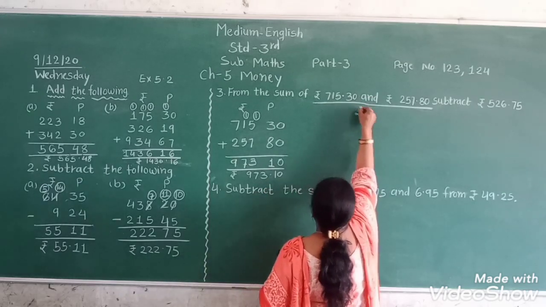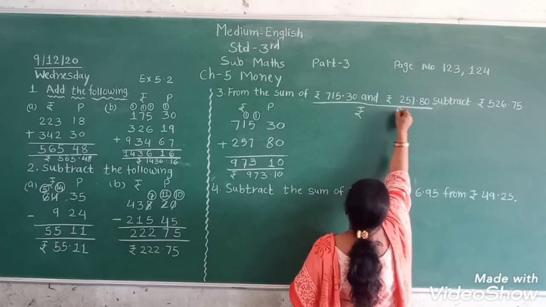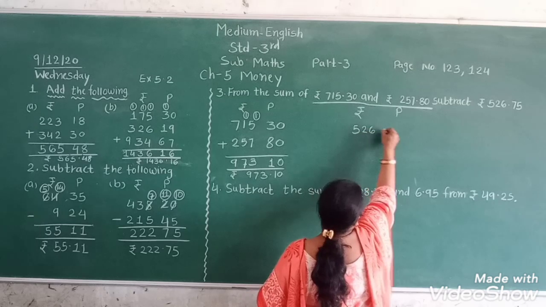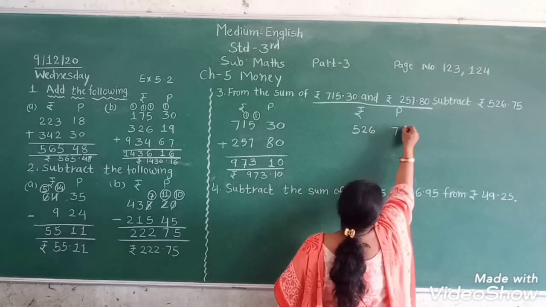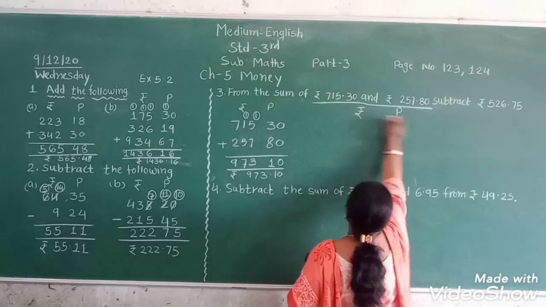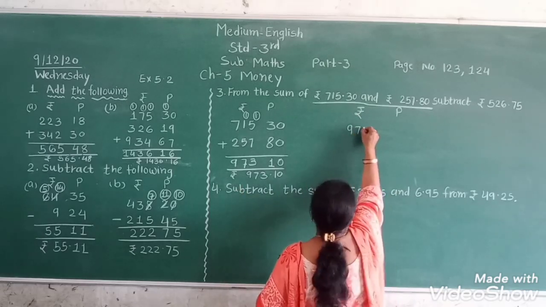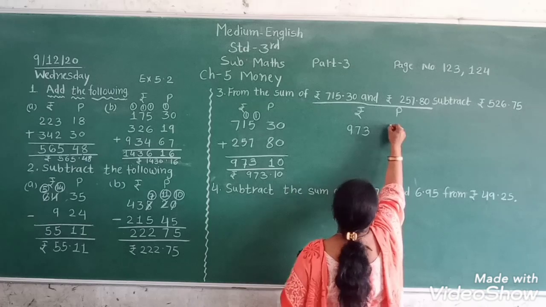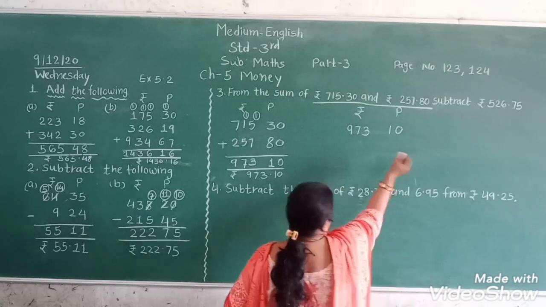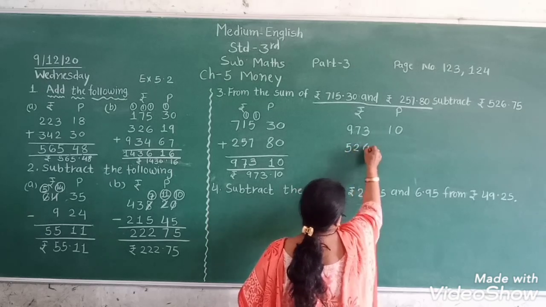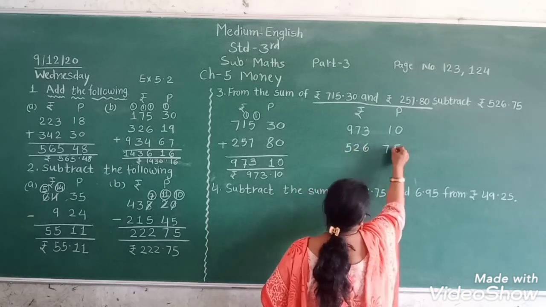Now subtract rupees 526 75 paise from rupees 973 and 10 paise. Again we write column rupees and paise. First we write 973 rupees and 10 paise and subtract 526 rupees 75 paise.